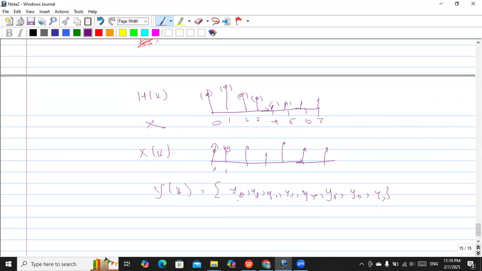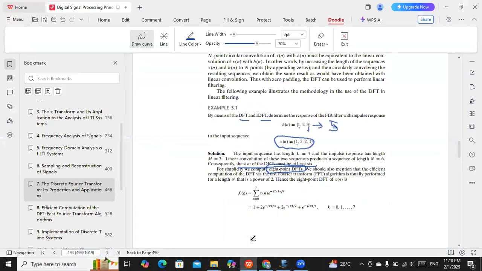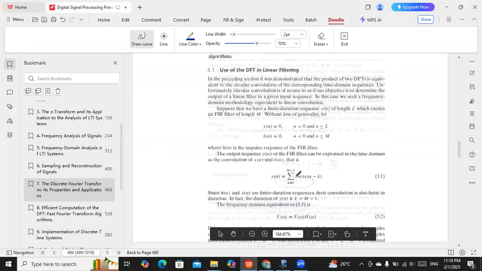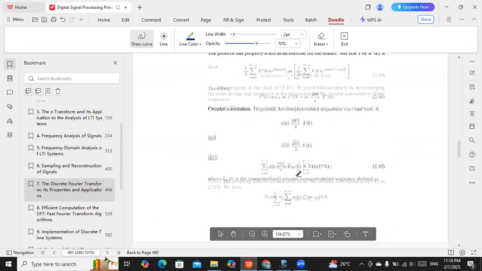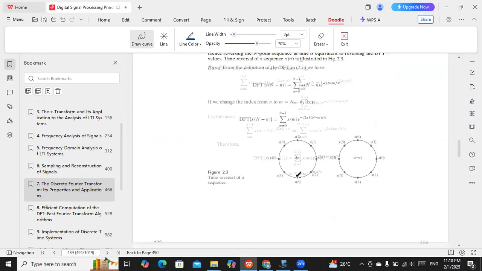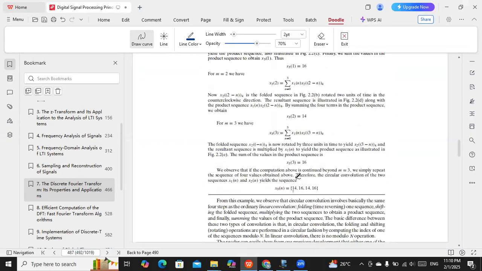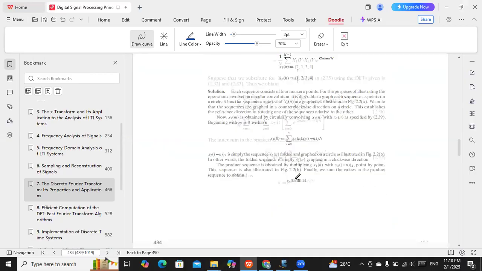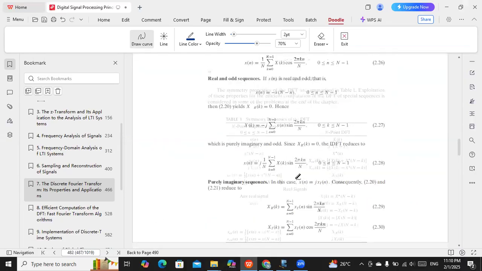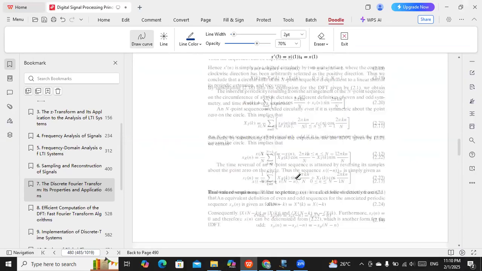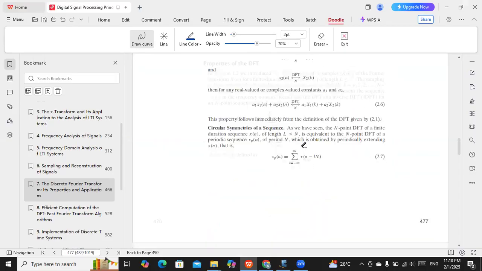Then you need to apply the IDFT here. The IDFT is also very simple. You have to apply this summation. That is not a big issue.